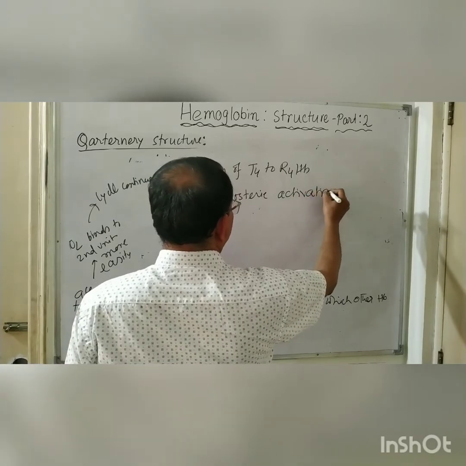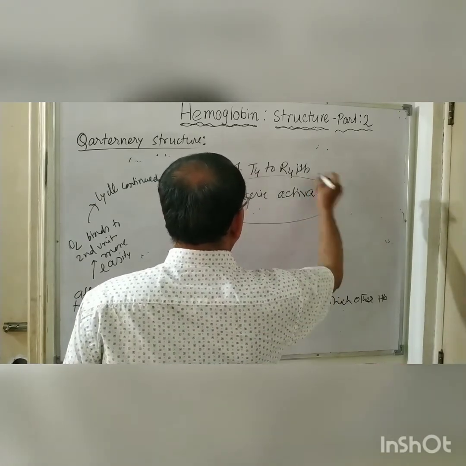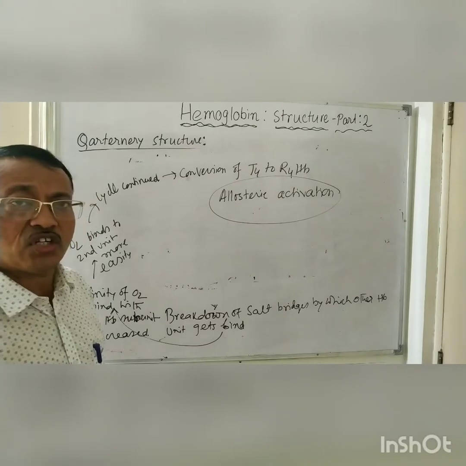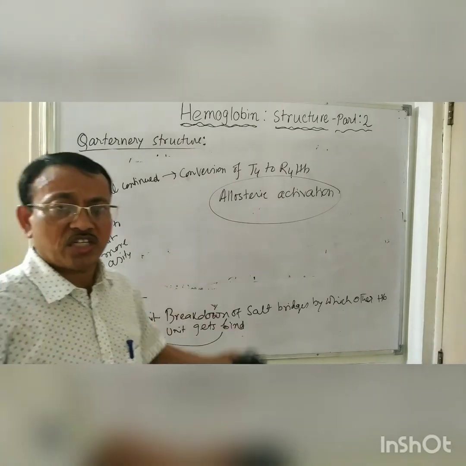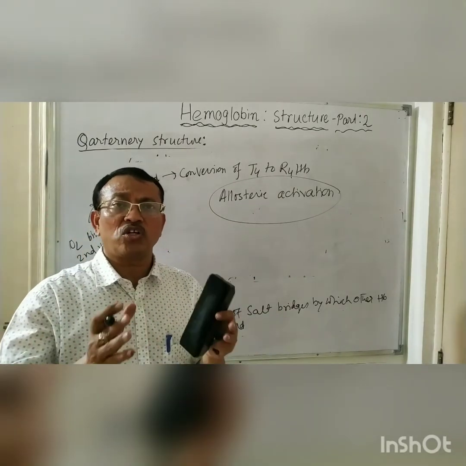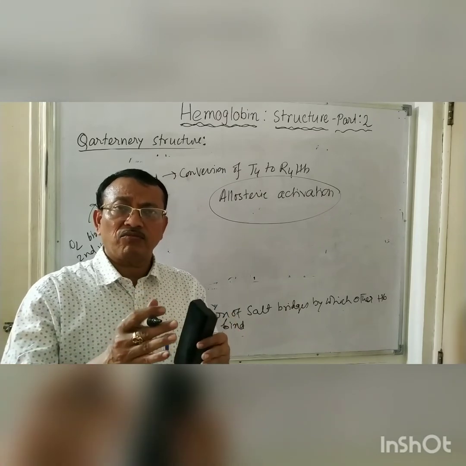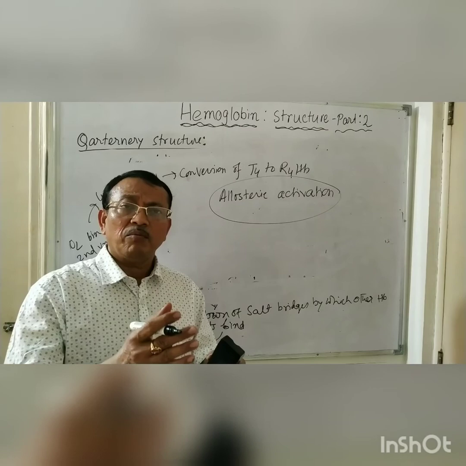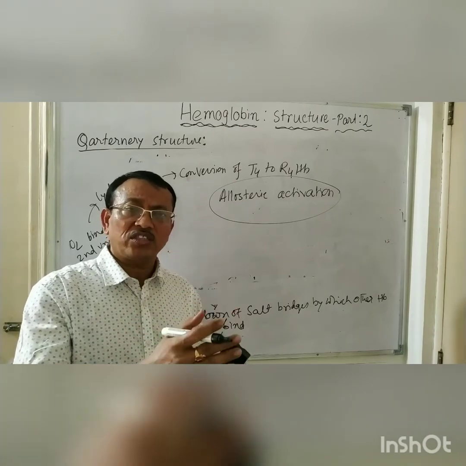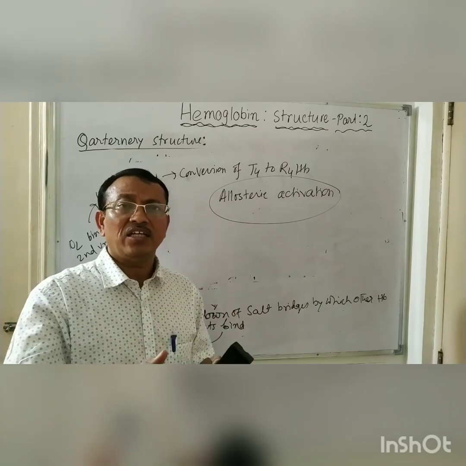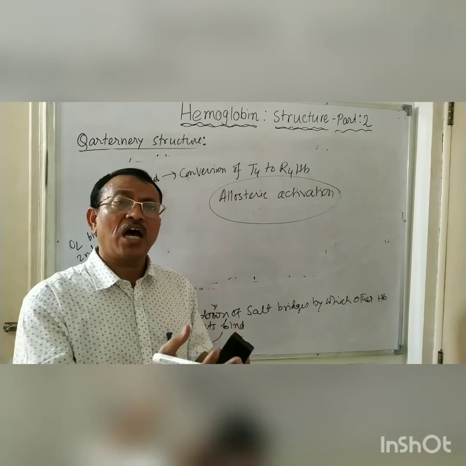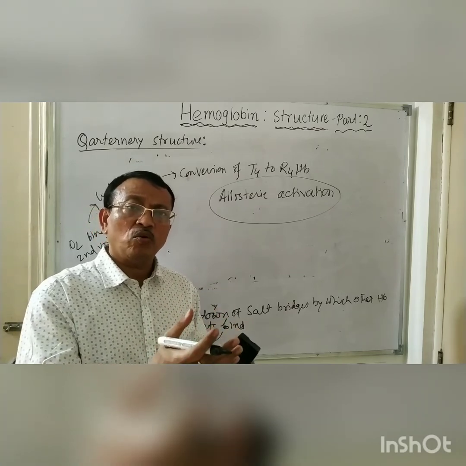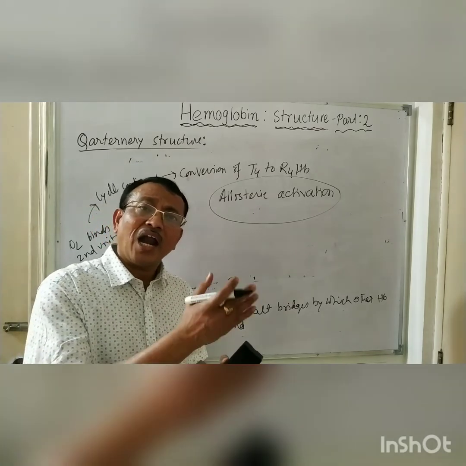This is the thing which is known as the allosteric activation or allosteric modulation. So by this allosteric modulation, in stepwise manner, one hemoglobin binds with one oxygen more easily in respect to the binding of the oxygen in the earlier step.